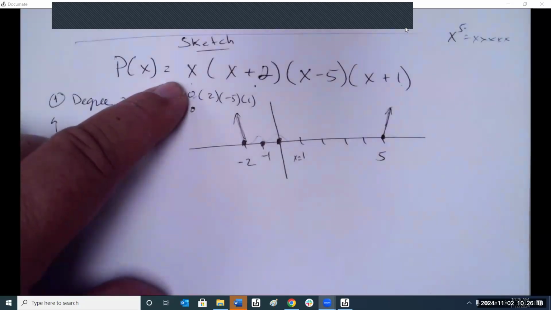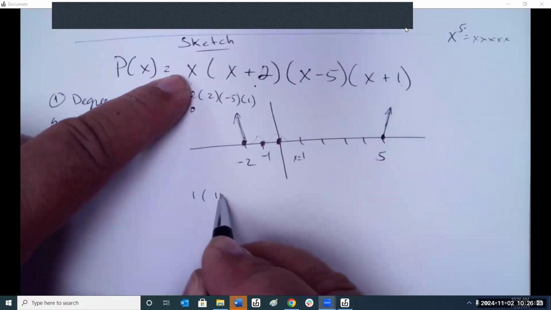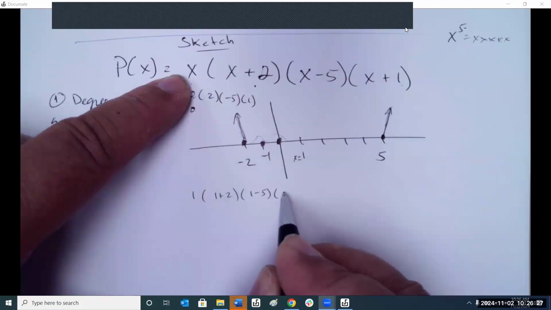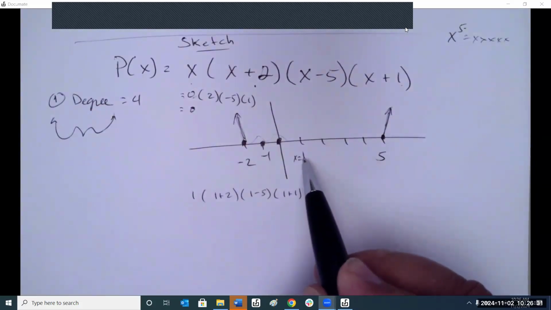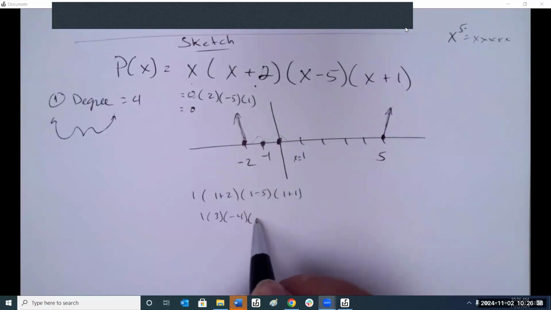Well, let's see. In place of x, I put a 1. 1 plus 2 is 3. 1 minus 5 is negative 4.